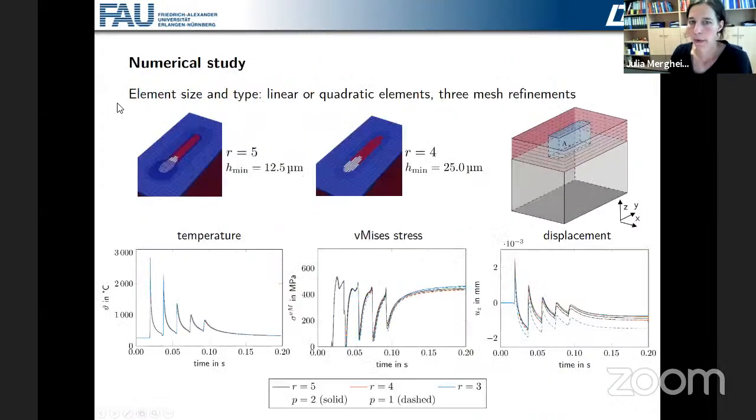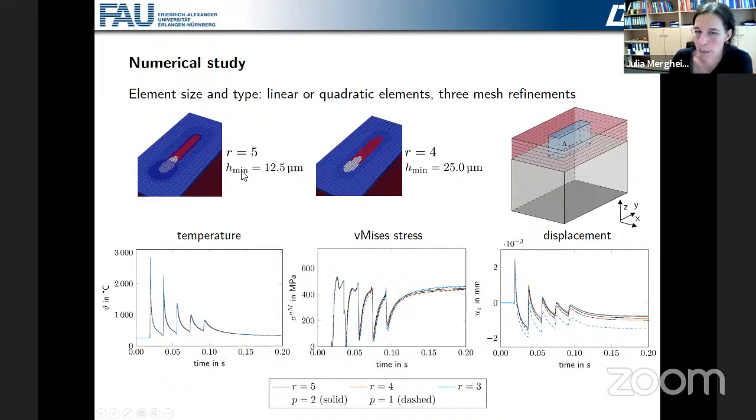So we start with the mesh size and the element type. Actually we solve the thermomechanical problem in a staggered way. For the thermal problem, we always use linear elements. For the mechanical problem, we use the same mesh, but usually quadratic elements. However, we tried out here what happens when we use also linear elements for the mechanical problem. And we used 3 different mesh refinements.